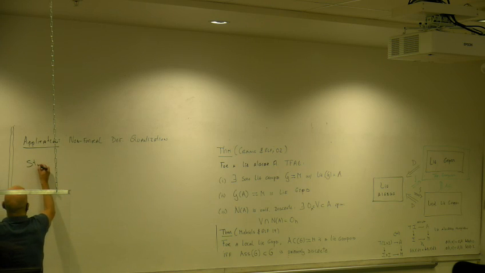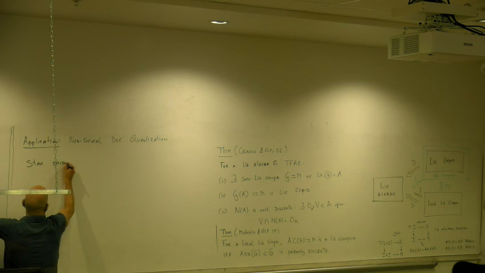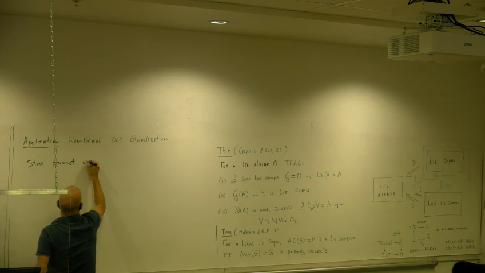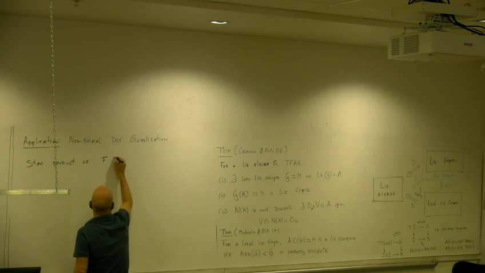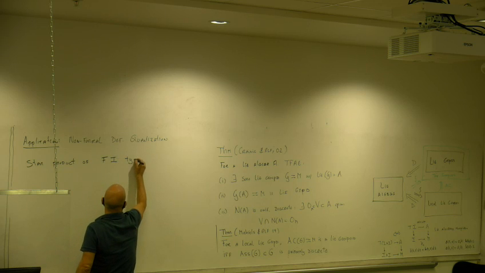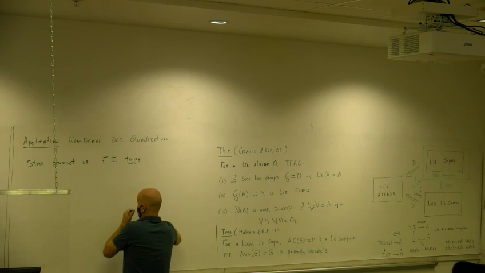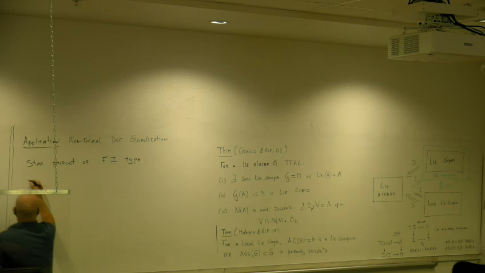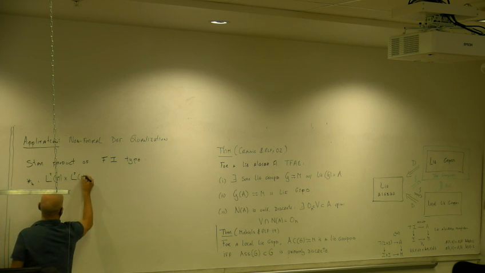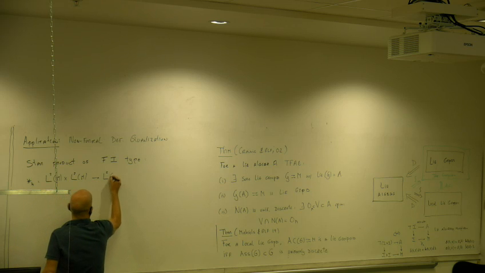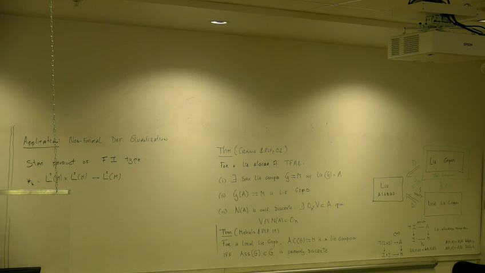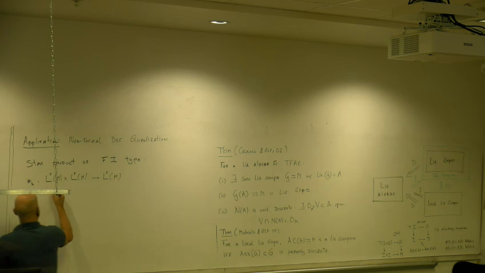A star product of Fourier integral type is going to be a bilinear operator that depends on some parameter h. That's the deformation parameter. It takes some pair of L2 functions and gives you a new function.